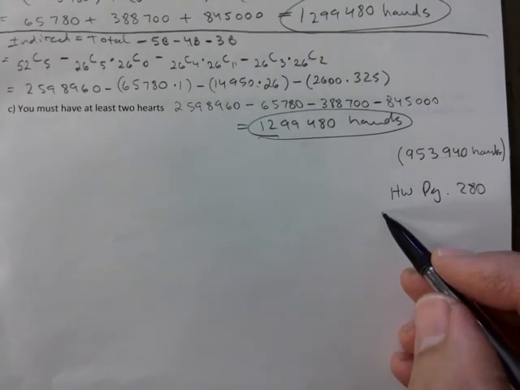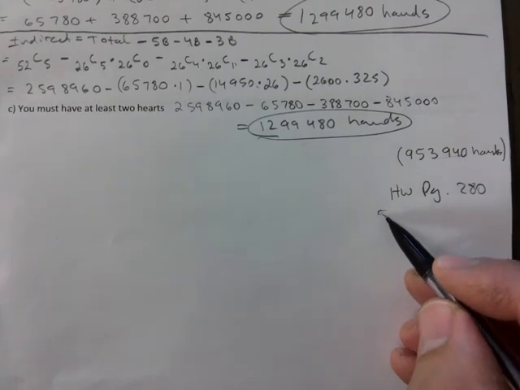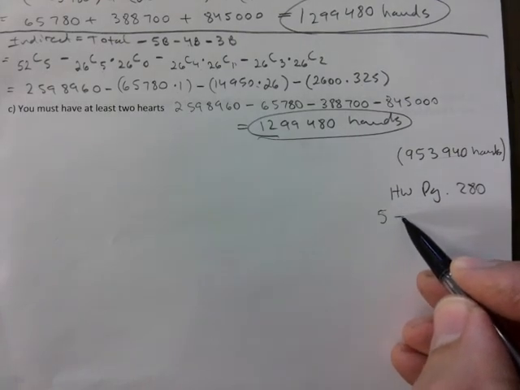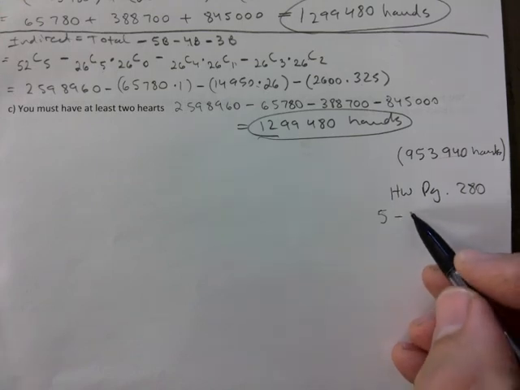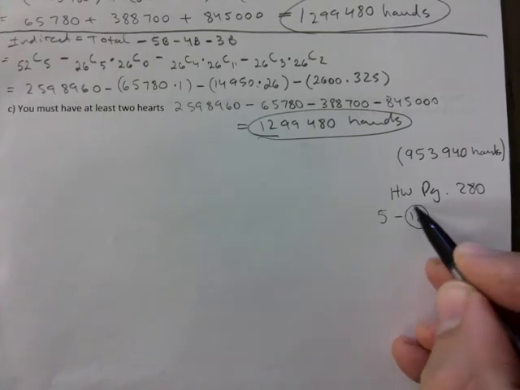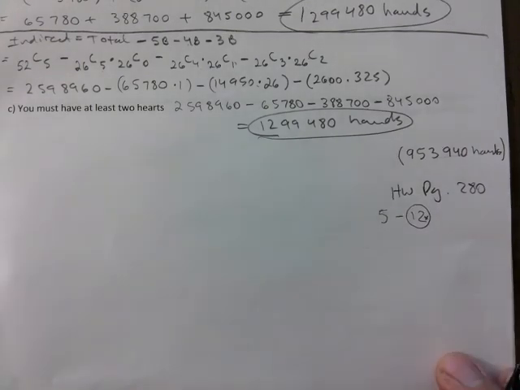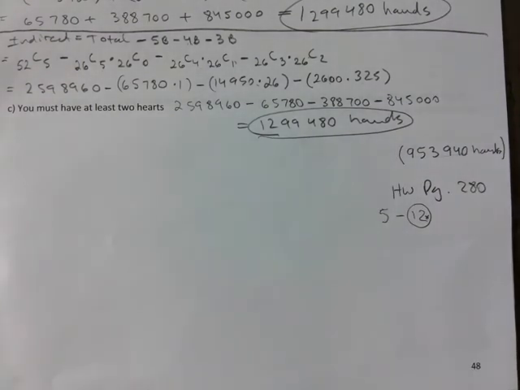From evaluate, those ones I don't really care much about. 5 to 12. 12 is a bit of a tricky one. So I'm going to put a star next to it. I will talk about it next week. Okay, so that's that.